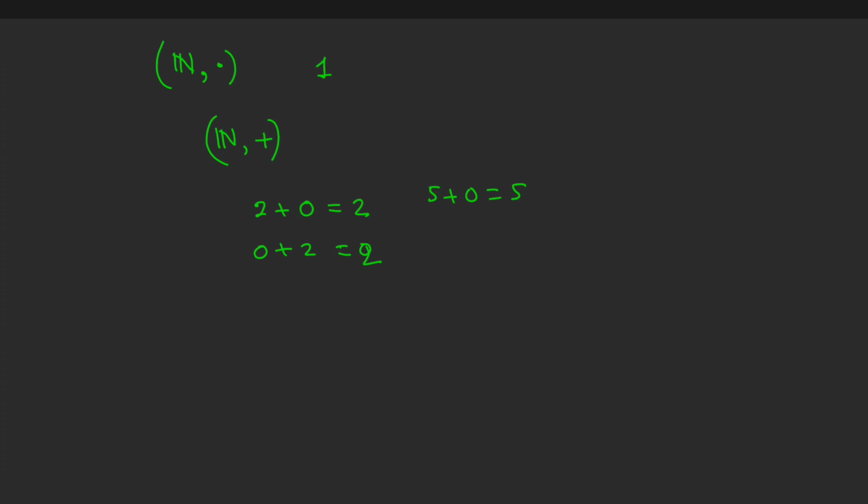But 0 is not a natural number. That means you are getting a number, but it is not in the set N. Yes or no? 0 does not belong to N. So you can say that 0 is not an identity element in N addition. And this is a very important topic in the concept of group.